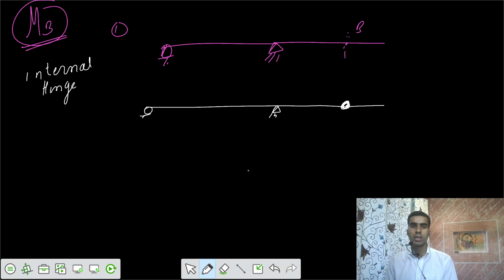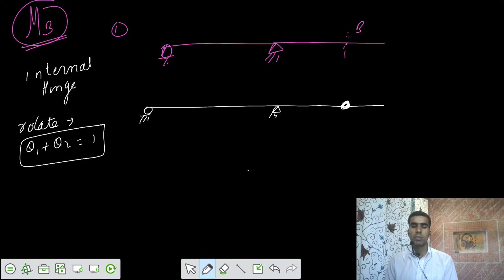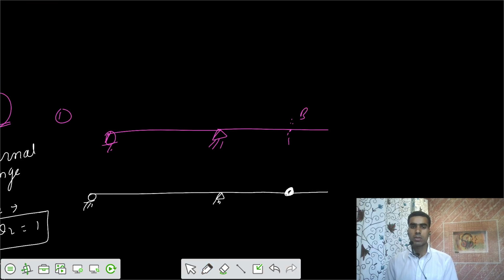Then after that you apply a unit rotation, θ1 plus θ2 equals 1 unit, in the direction of moment. Let's say that in this part there was some load.